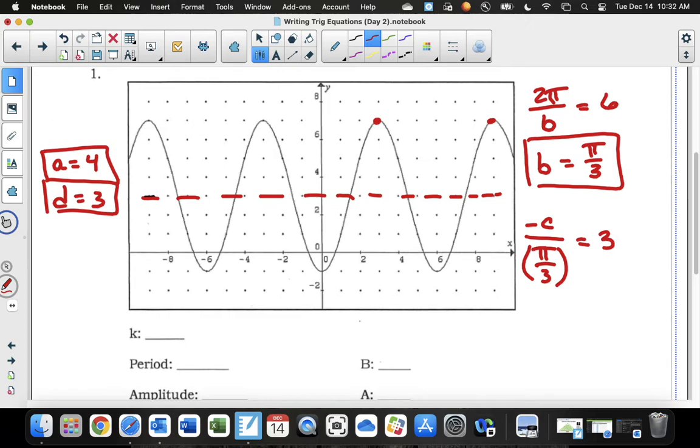And now, once again, just like up above, we're going to solve for c. In order to get this pi over 3 out of the denominator, we're going to multiply both sides by that. So times pi over 3. When I do it on the left-hand side, this will cancel out. What does 3 times pi over 3 equal? Yeah, you end up with 3 pi over 3. The 3's cancel. You get pi, which means the c value for this cosine wave is negative pi.